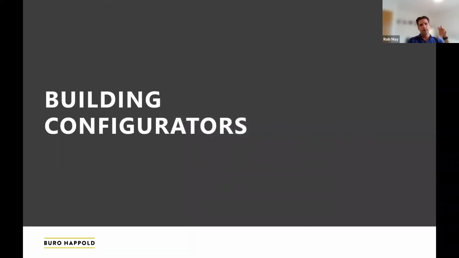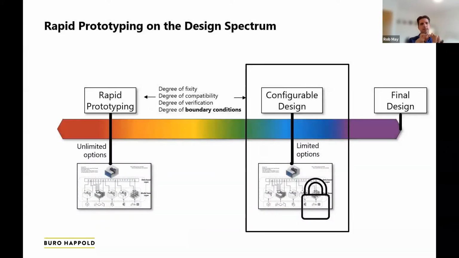When I talked then about building configurators, taking that one step further, this is something that's starting to resonate in the industry. You may or may not have heard the term.